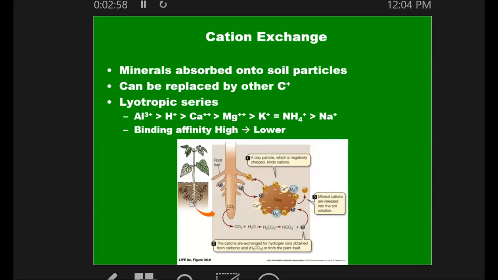You can look up these lyotropic series and they'll map it out for you. I've given an example here. Anything to the left has higher binding affinity, and as you work your way toward the right in that series, you have lower binding affinity, which means sodium is pretty easy to knock off of the mineral.